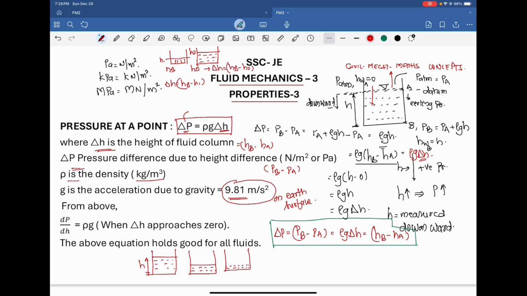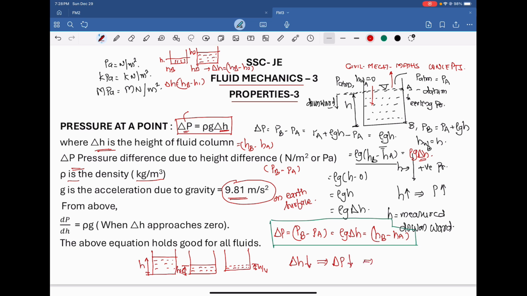The pressure exerted by the fluid, let us say at H by 2, let us say at H by 4, will be reduced, as delta H decreases implies delta P decreases.